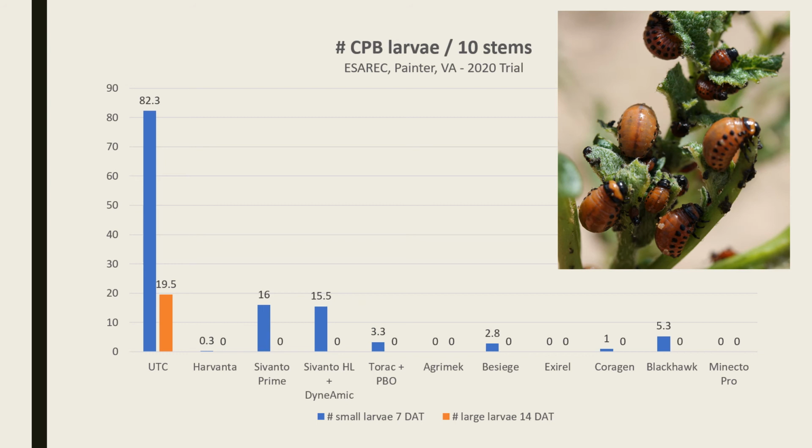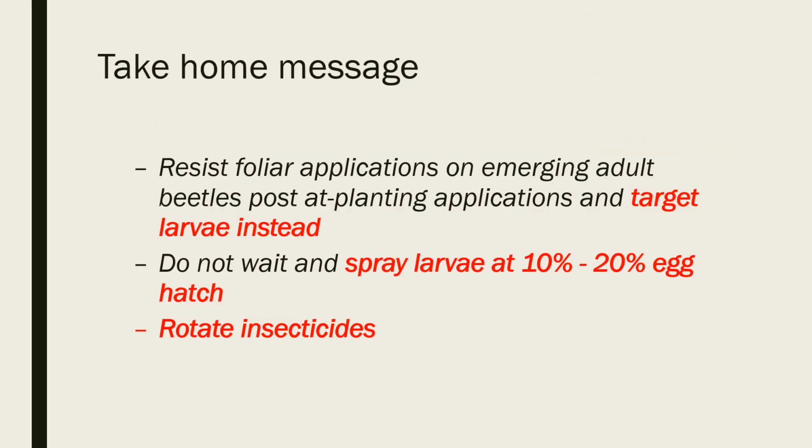And as you can see, the number of small larvae at 7 days after treatment was much reduced for all of them compared to the untreated control. And by 14 days after treatment, there were no large larvae in any of the treatments in comparison to the untreated control. So all of them are fairly efficacious, doing very well in controlling potato beetles.